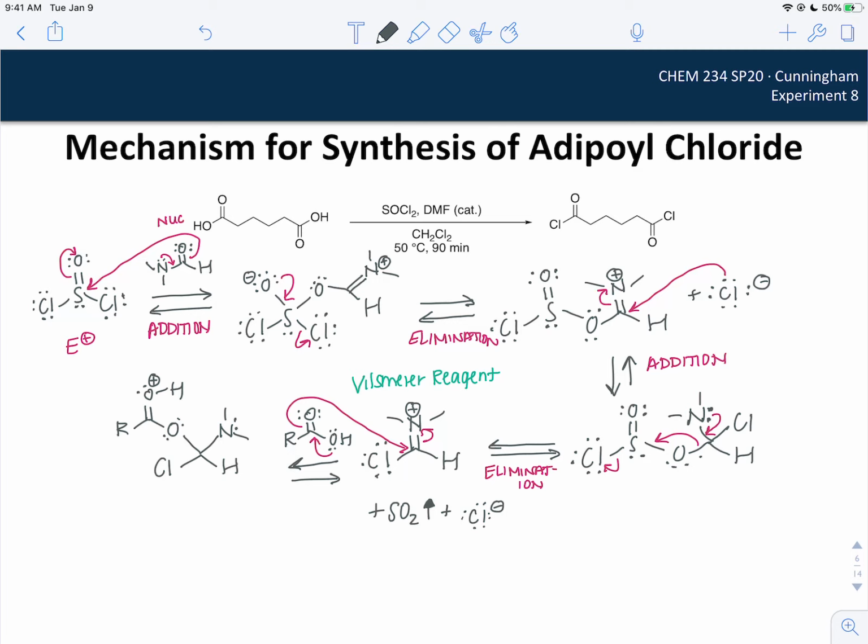All right, so now we've got this sort of interesting looking intermediate here. We've got an oxygen atom that has a positive charge, and we know that that oxygen atom with a positive charge wants electrons more than anything else.